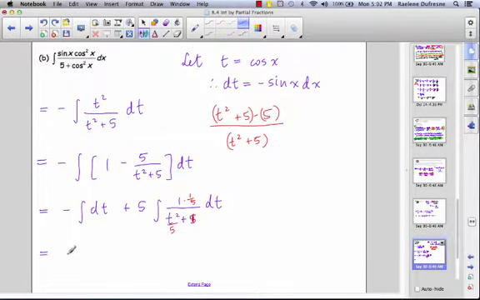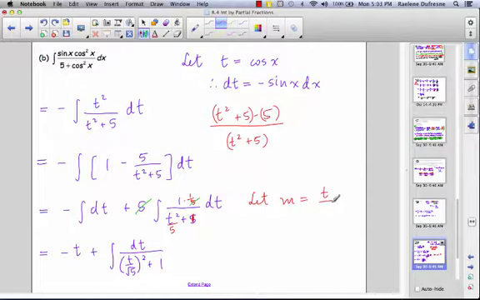So far I have negative integral of dt, or negative t, plus 1 times the integral of dt over something squared plus 1. And in here I have t divided by square root of 5. So now I'm going to let m equal t divided by square root of 5, so that dm multiplied by the square root of 5 is equal to dt. And from here you should be able to proceed, finish off, make sure you back substitute to t, and then back to x in your final answer. You can check back here for the solutions later on.